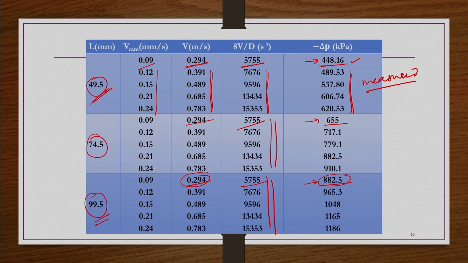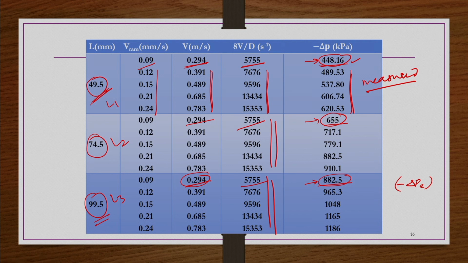These are very different; from L1 to L3 it is almost becoming double. So, we cannot take that averaging. That is because of the entrance effect. So, we have to find out delta PE.